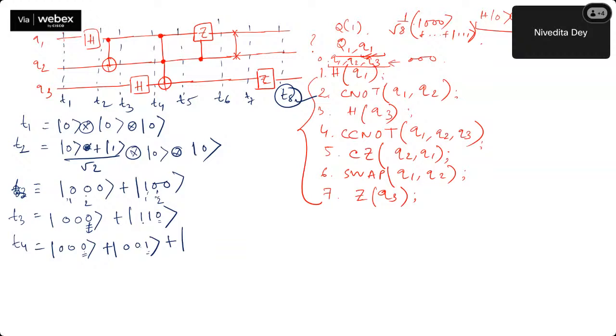Similarly, now this 110 will become 110 and 111. Is this thing clear? I have converted this 0 to 0 and 1 because I am applying Hadamard on Q3 only, and this is my Q3. Absolutely, I guess it is clear for everyone.